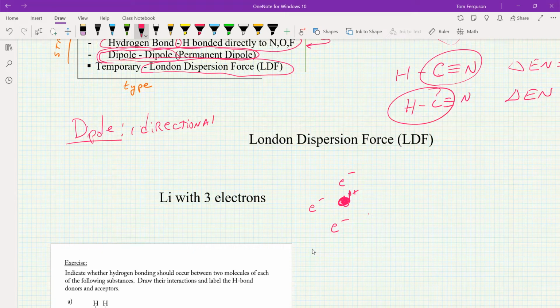And they have strength. Okay, some people like to call this a vector. So we have a certain strength dipole going this way.